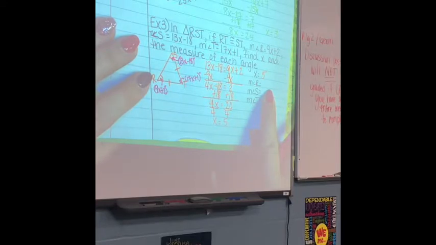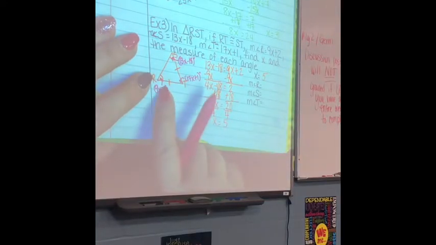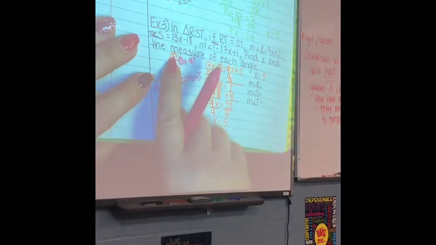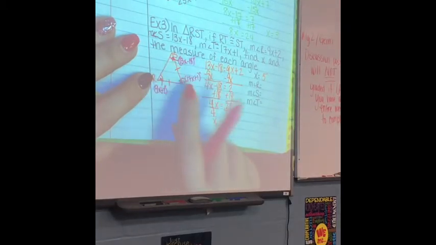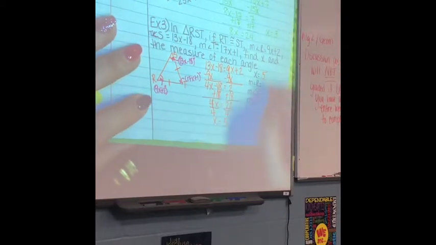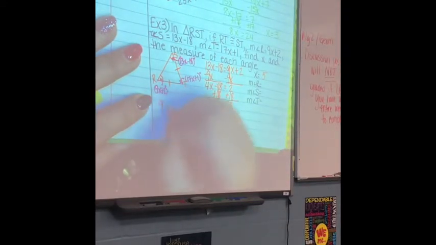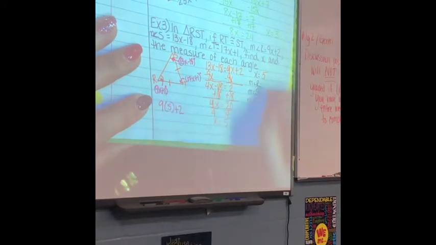Plug it in. Once I find R, who else do I know? S. Could I check it if I need to? Sure. And then lastly, I would have to find out T. So I have 9 times 5 plus 2 would be 47 degrees.